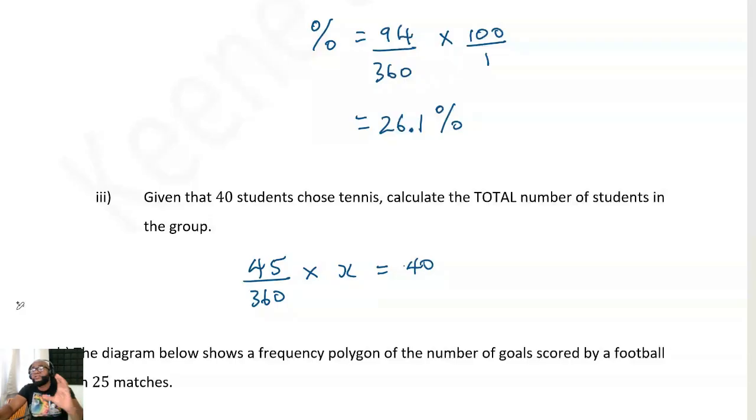So that fraction of the total amount of students, which I will represent by x, is equal to 40. So I'm just going to put up here, let x equal total students, right?